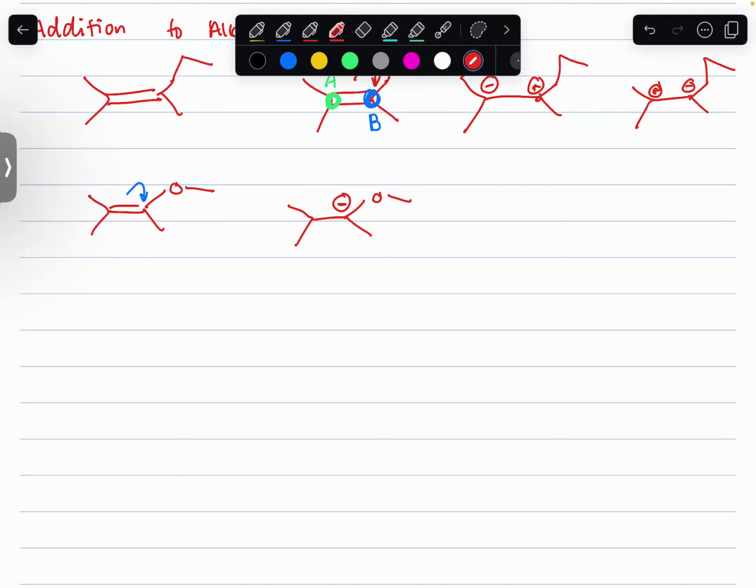So I would say the rule of thumb here is your negative will end up closer to those electronegative atoms. And so that's what you need to think about when you're deciding which side will be your nucleophilic side and which side will be your electrophilic side.